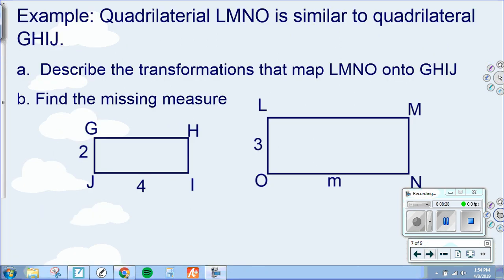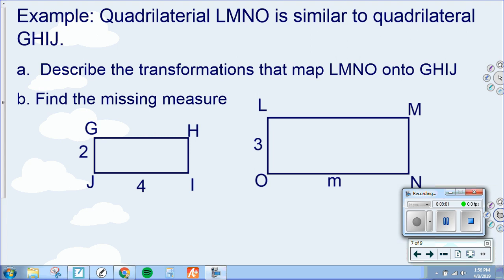Alright, next example. Please copy down the pictures. It tells you that quadrilateral LMNO is similar to GHIJ. We need to figure out what transformation took place, and then we have to find missing side NO. So what transformations do we have to do to LMNO to get it right on top of GHIJ?